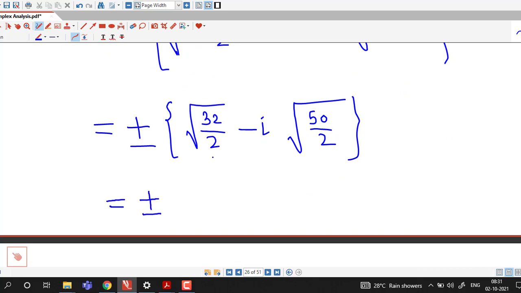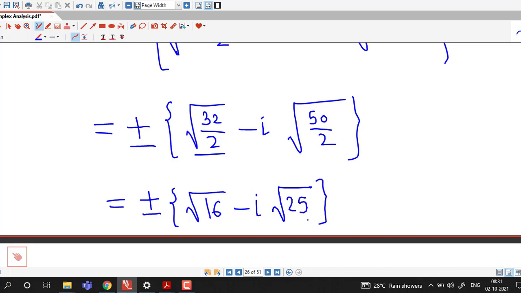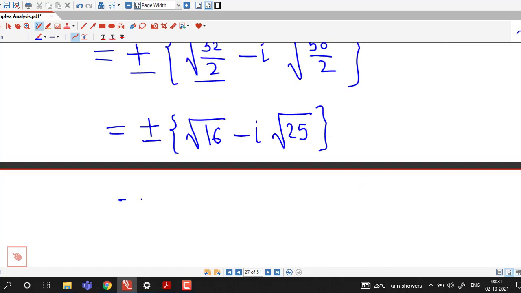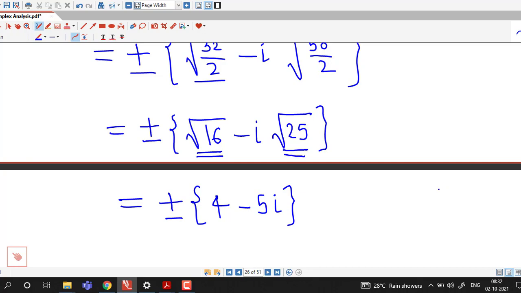So this is nothing but 32 divided by 2, that is 16. So under root 16 minus i times under root 25. So this is equal to plus or minus, under root 16 is 4, and here we have 5, and we will take care that we write only the positive square root.